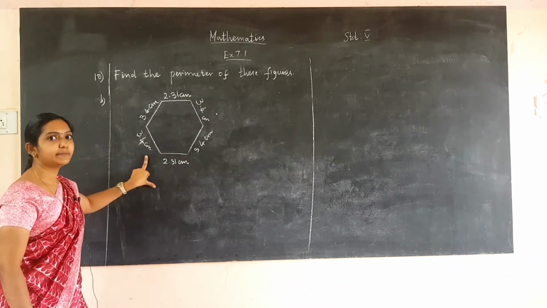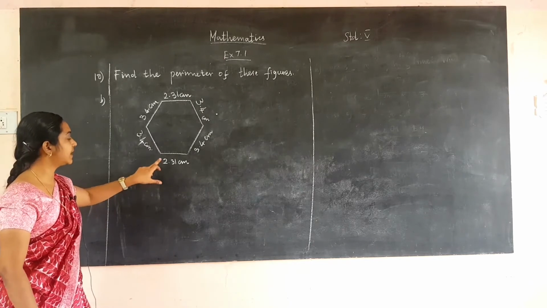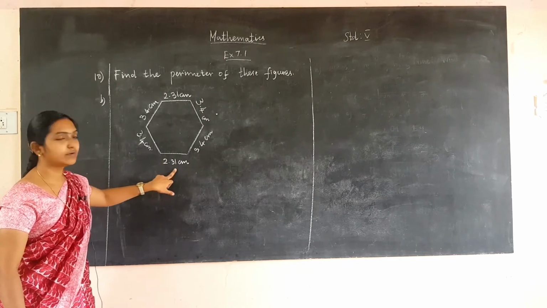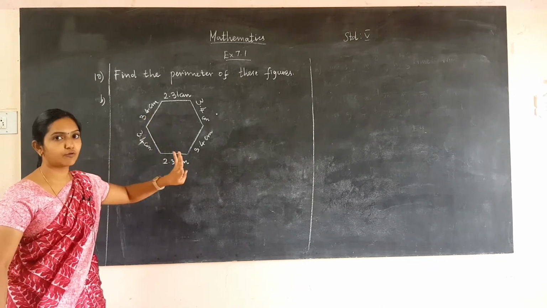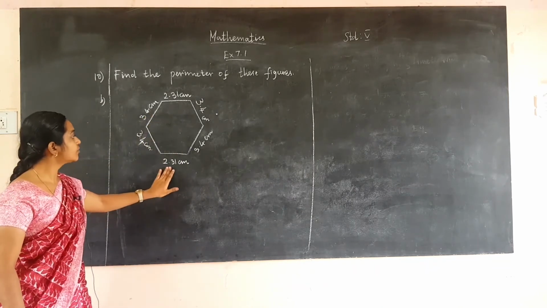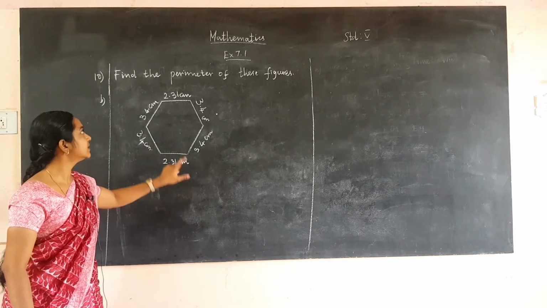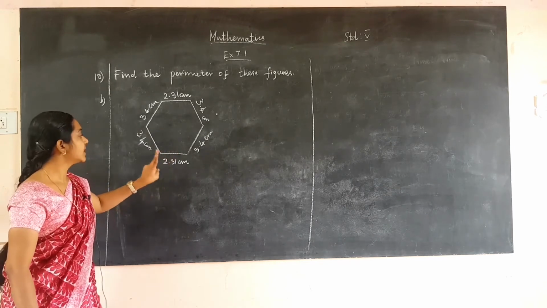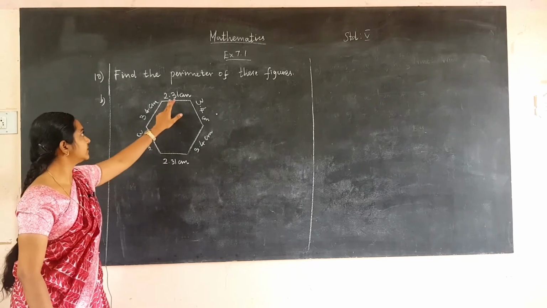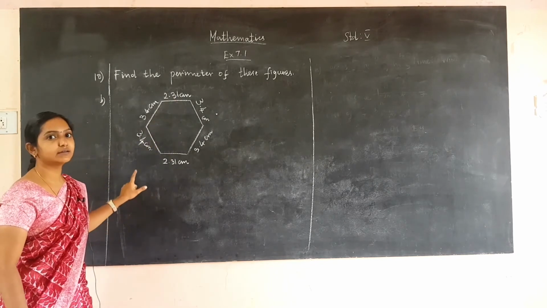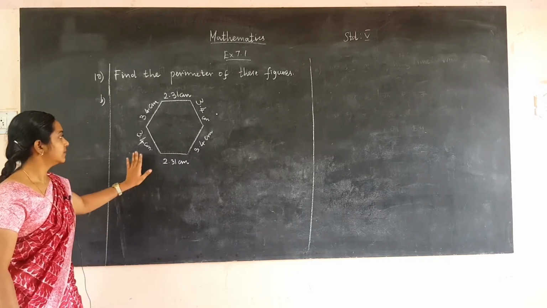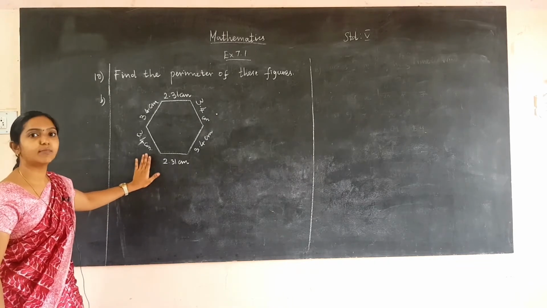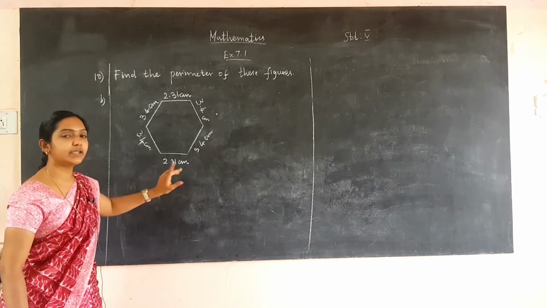So, to find the perimeter, we have to multiply 2.31 with 2 and 3.4 with 4, because 2.31 centimeter is with 2 sides. So, either we can add 2.31 or we can multiply 2.31 into 2. Here we are going to multiply 2.31 into 2.